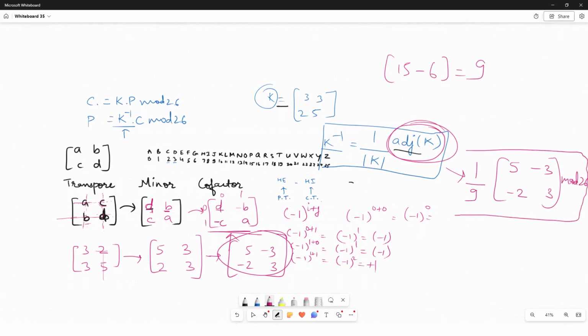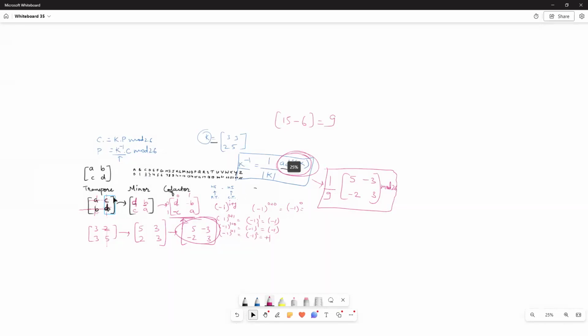Does anyone know how we will solve this? It's 1 over 9 times 5, -3, -2, 3. I think this part you can solve because it's just 5 mod 26, negative 3 mod 26, negative 2 mod 26, 3 mod 26. This part is easy.